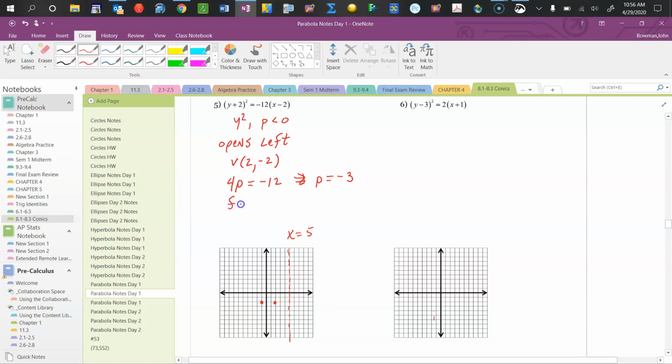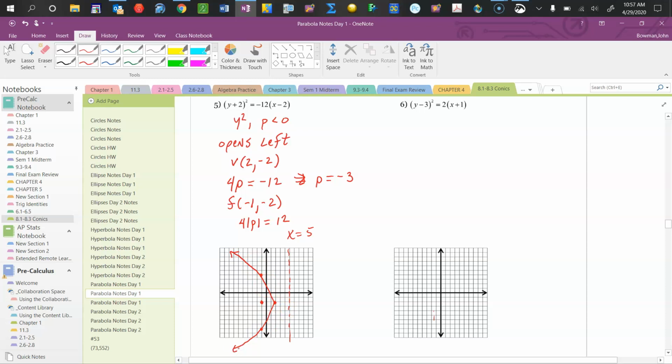So the coordinates of my focus are (-1, -2), and the focal width, 4 times the absolute value of p, is equal to 12. So I go to the focus, I go up 6 units, and I go down 6 units, and I sketch my parabola.